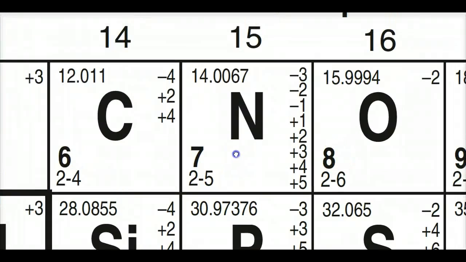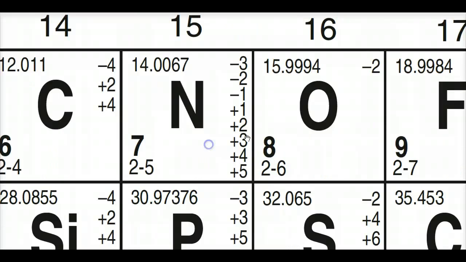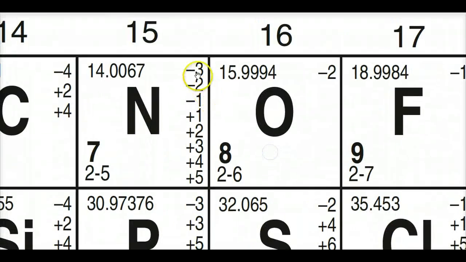So when we show Lewis dot diagrams, we show the electrons that are available for bonding. These 2 electrons are filled. The first energy level is filled. Just like we just talked about with helium, this is stable. These electrons are not stable because we would need 3 more electrons to become like the noble gas counterpart. So it likes to become -3 by gaining 3, and then it'll be stable.